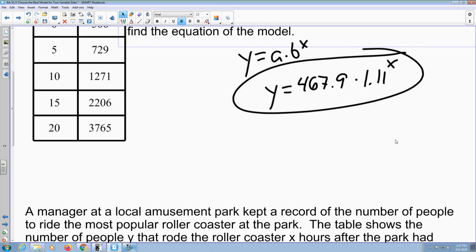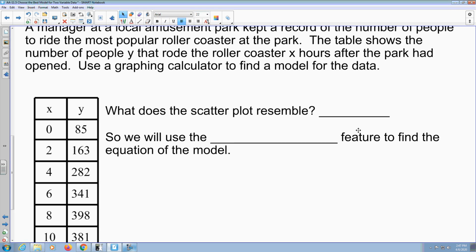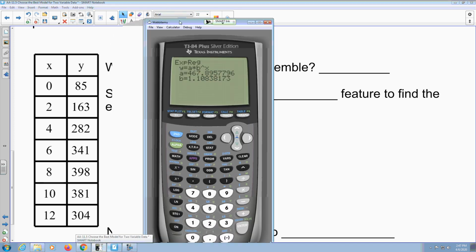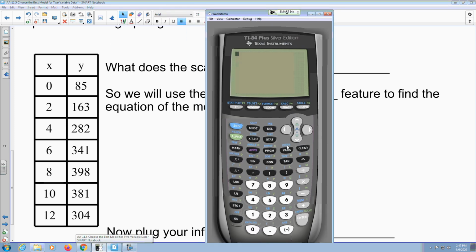So now looking at this example here, again, plugging in these values, going back to the graphing calculator. I'll clear that. Go back to stat, go to edit, delete all these. All right, so start with our x values.